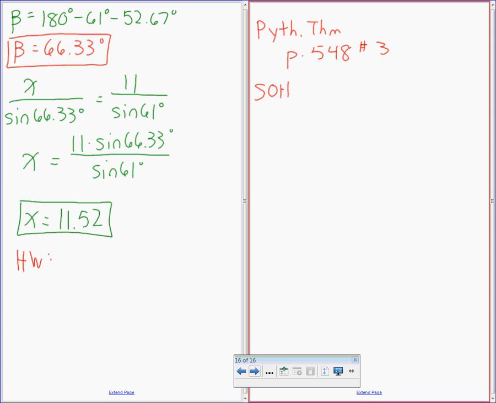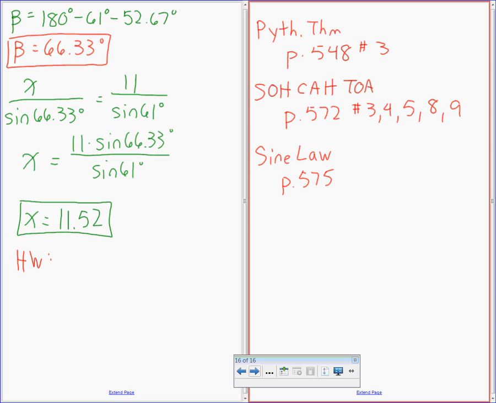SOHCAHTOA is page 572, numbers 3, 4, 5, 8, 9. And Sine Law is page 575, number 1, A, B, E, F, and 2, C and E.